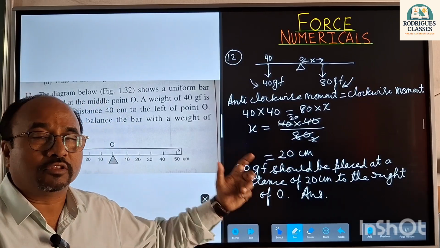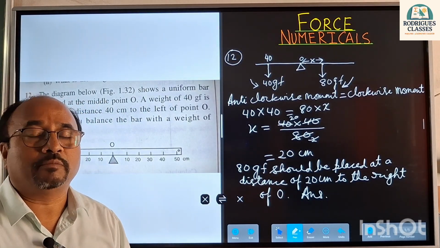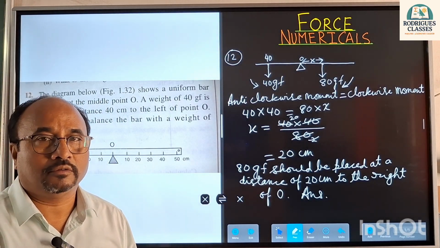So a very simple sum, because the diagram was given, we have to just know how to apply the principle of moment and work it out.